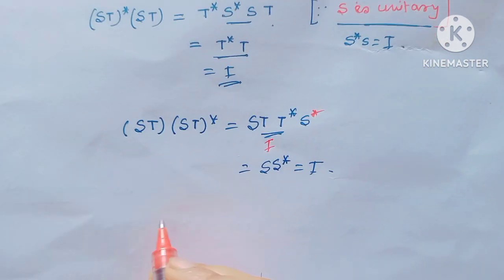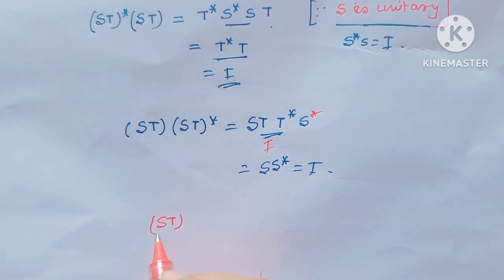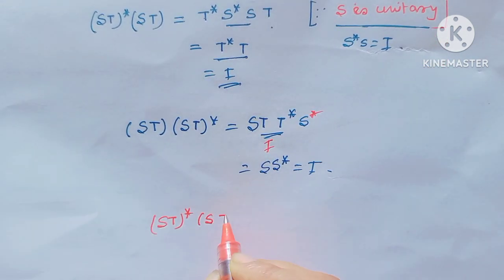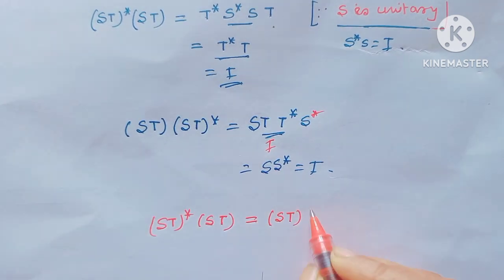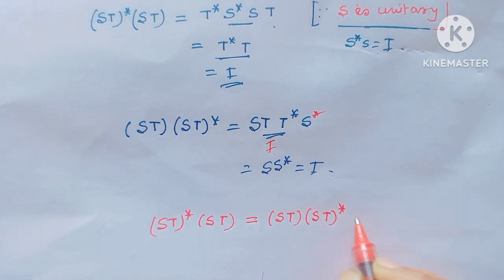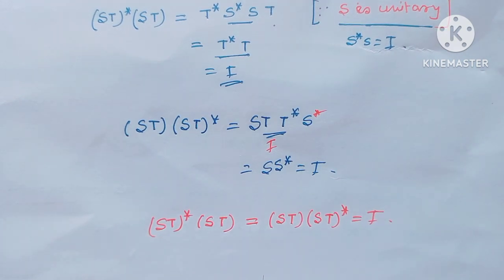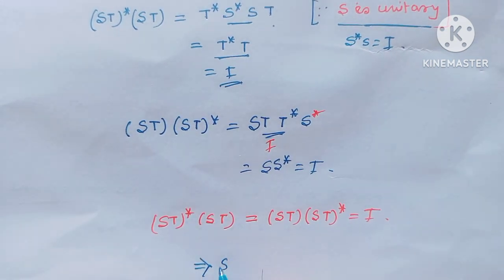That means I have got ST star ST equals ST ST star, which is equal to identity. So that implies ST is unitary.